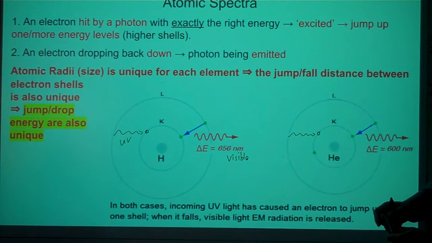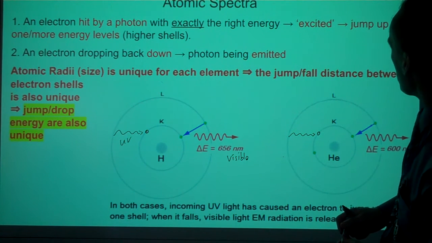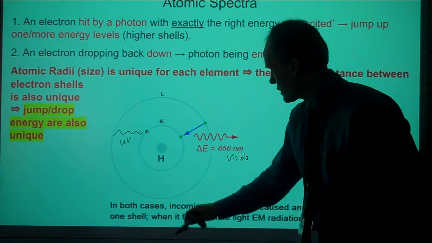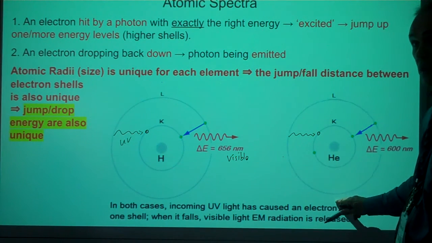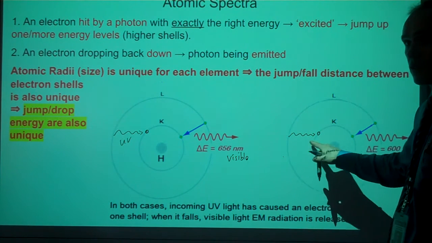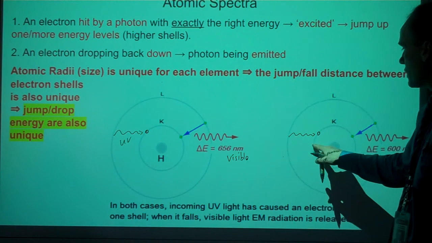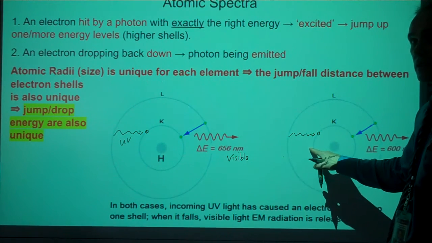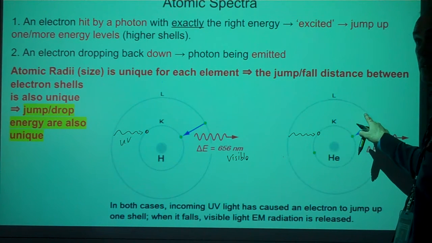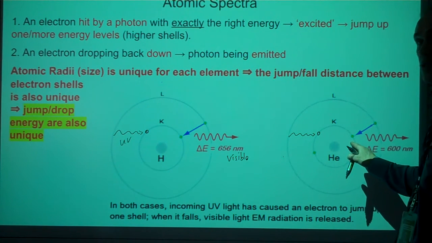I know that because I made it that way. It just doesn't appear that way. It's easier when they're up the top. But if you look close, relative to the text, you'll see that the helium is actually smaller. Okay? And so this distance is different. The difference between the K and the L shells is different. And so the height that the electron jumps is less, and the height that the electron falls is less.